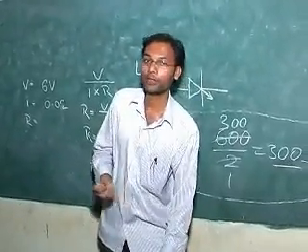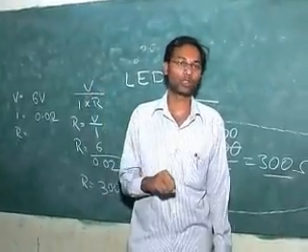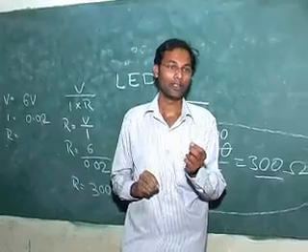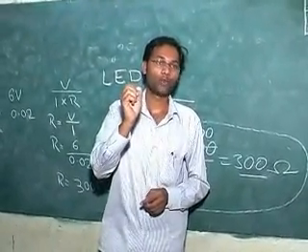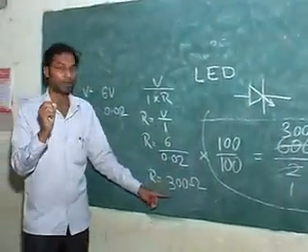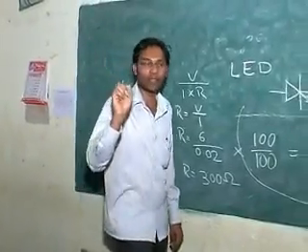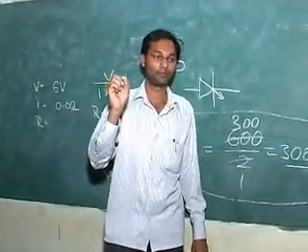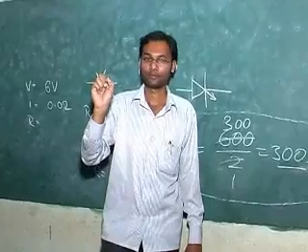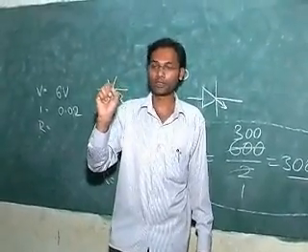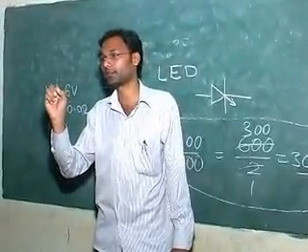This formula will tell us how many ohms of resistor we have to use in a circuit. So I am telling that use this resistor. What is the answer? 300 ohm resistor. So how can you say that this resistor is a 300 ohm resistor? I am saying that it is a 100 ohm resistor. But how can we find out whether this resistor is a 100 ohm resistor?